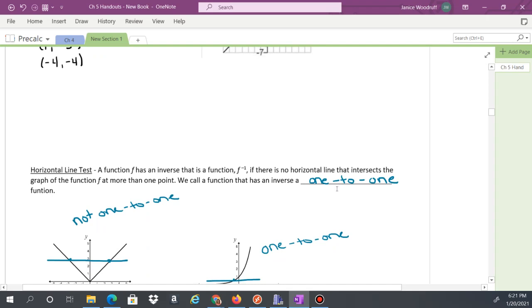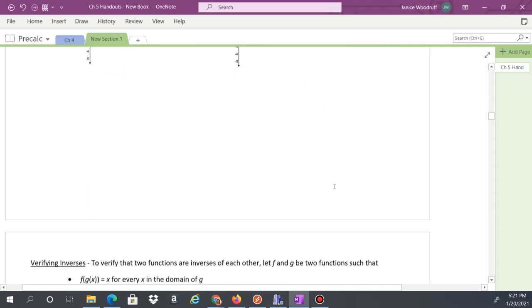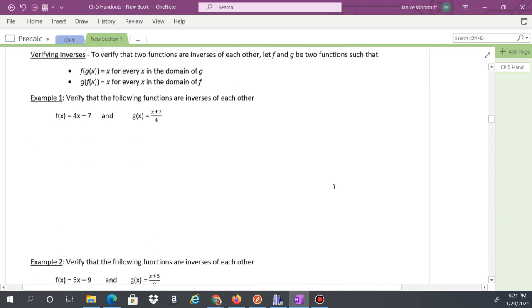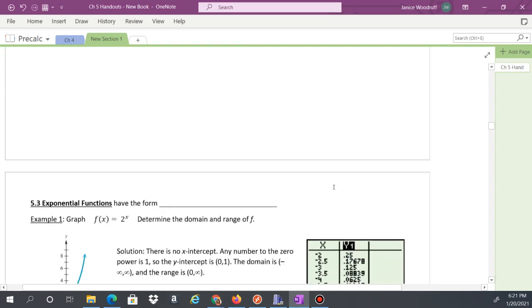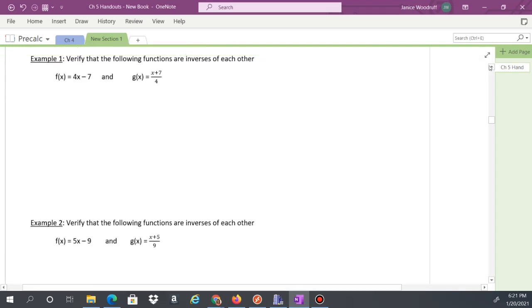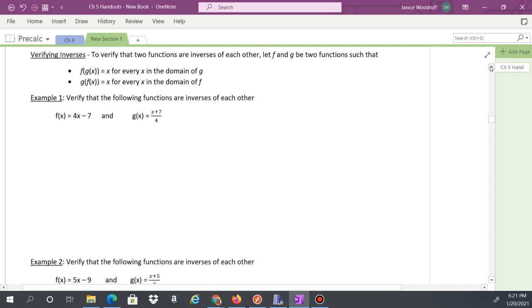The horizontal line test, which we looked at. And then verifying inverses. So verifying inverses, there's a hard way to do it and there's an easy way to do it. In the hard way, you're going to have to do f of g of x and g of f of x. And on the homework, there might be a 3-part problem where it says, what is f of g of x?